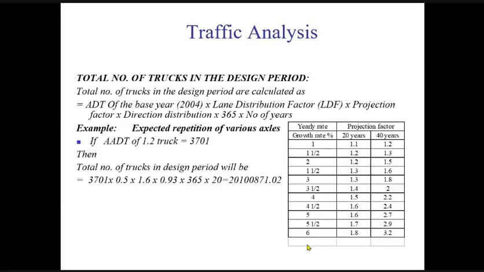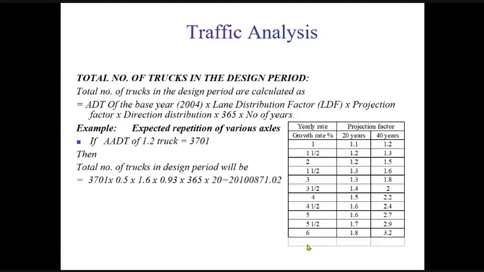Now, how to do this traffic analysis in this method? You always know the average daily traffic of the base year. Now, since you already know the H2 method of pavement design, you know what to do. You multiply by the lane distribution factor, the projection factor.